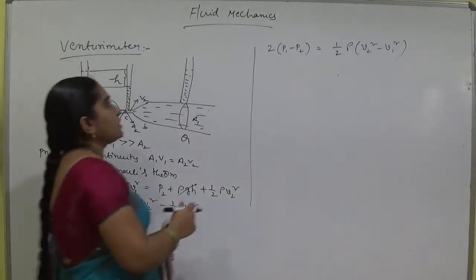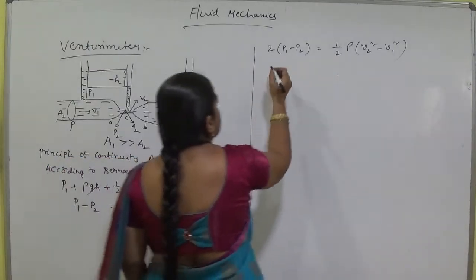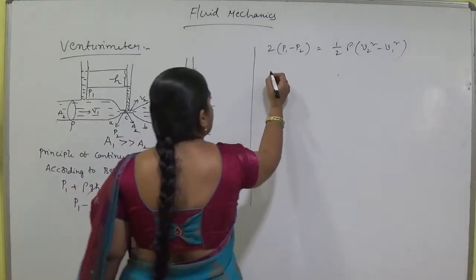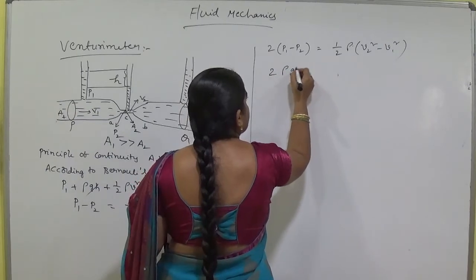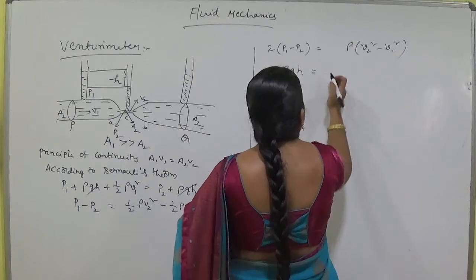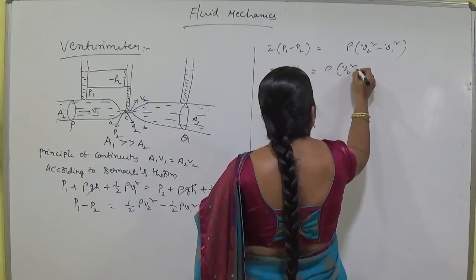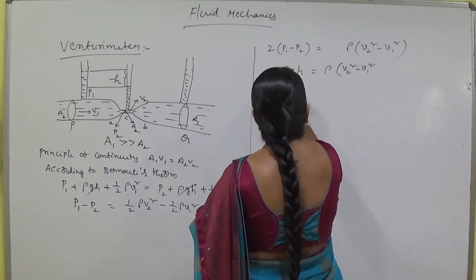The pressure difference P1 minus P2 is equal to rho GH. So 2 rho GH is equal to rho into (V2 square minus V1 square).